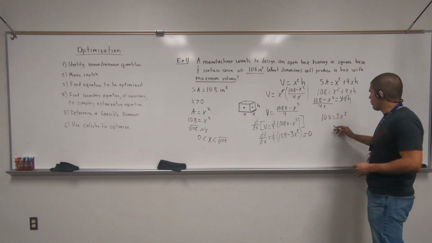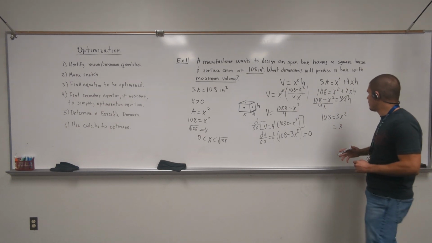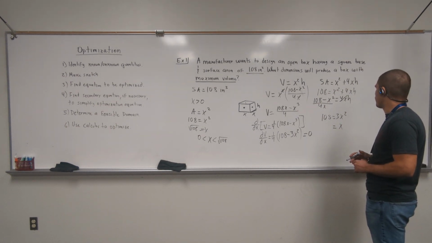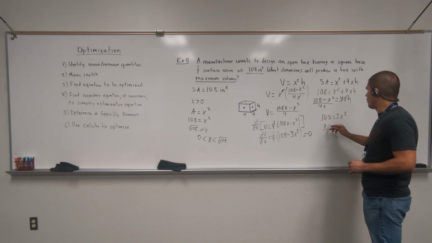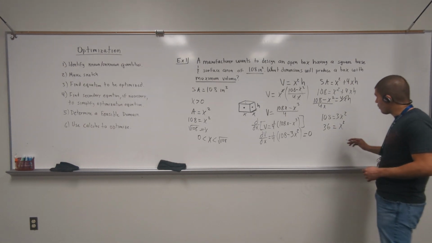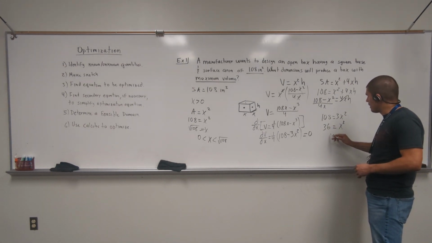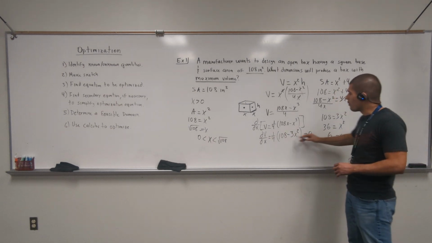Divide both sides by 3, okay? So 108 divided by 3, let's see, that would be 36. So that's gonna be x squared. Taking the square root of that will give me a 6. Okay, and that is the only value that produces a derivative of 0.